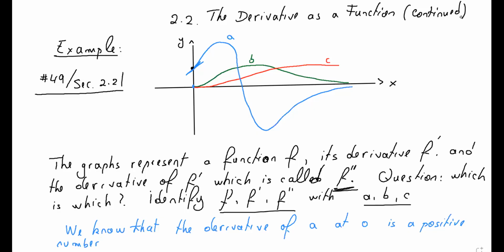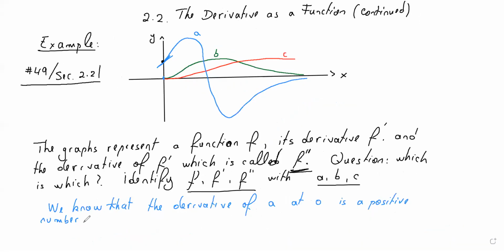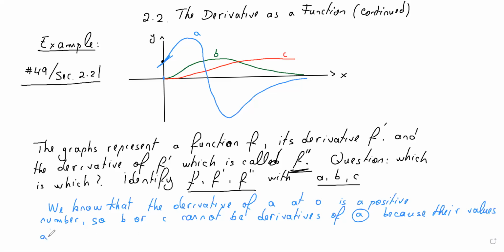So B or C cannot be derivatives of A, because they start at 0, 0. Their values at 0 are both 0.